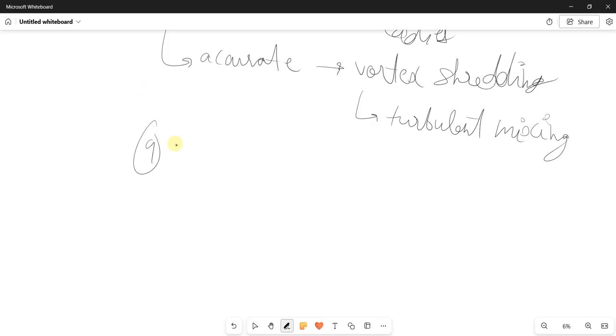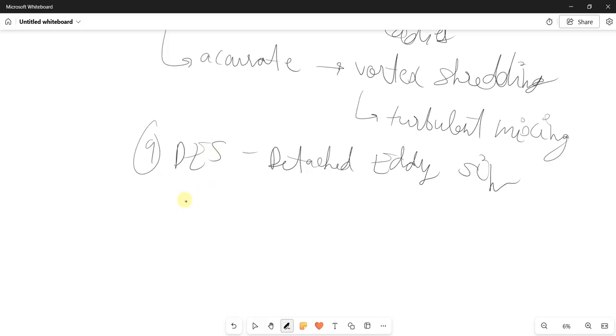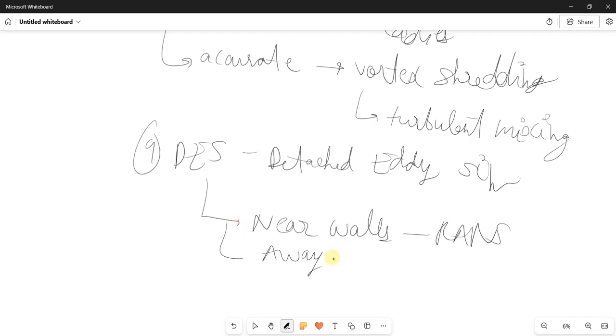Now jumping on to DES, or detached eddy simulation. It's a hybrid. Near walls you use RANS, and away from the walls you use LES.